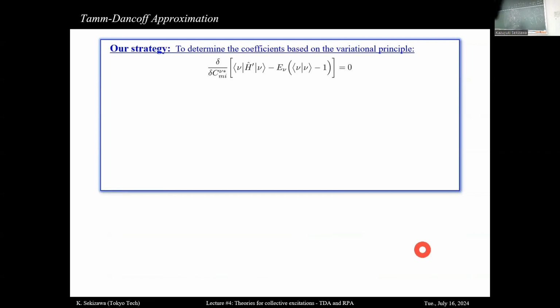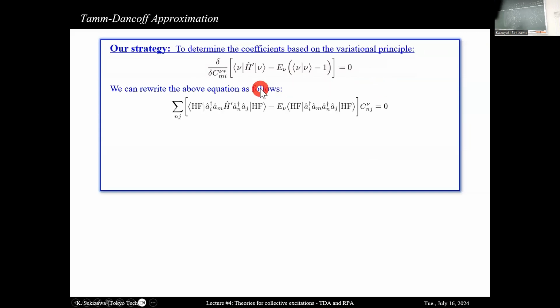As I mentioned, what we should do is perform this variation. To begin with, I will rewrite this equation a bit. Here I put the definition of the excited state nu, which is the superposition of one-particle, one-hole excitations.